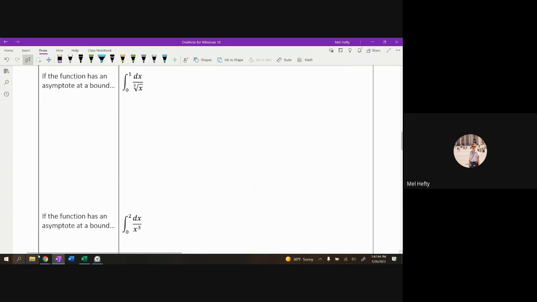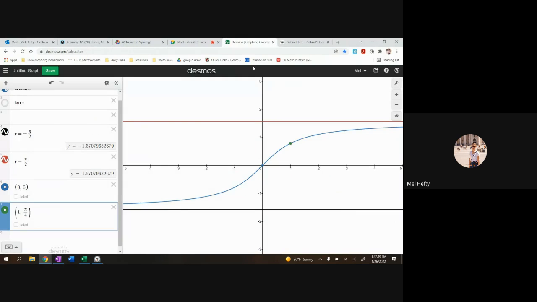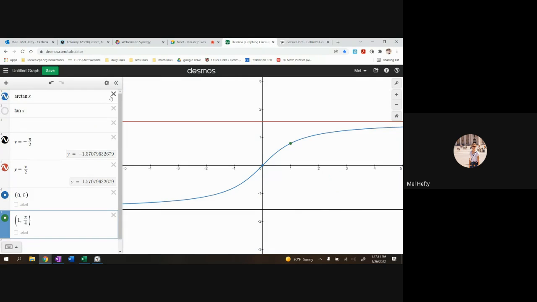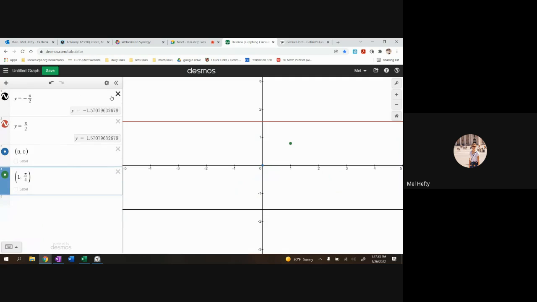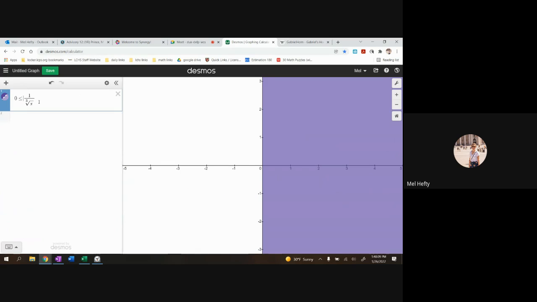So let's look at the graph of this to investigate why it's a little bit different at first. What are we looking at? We're looking at 1 over the cube root of x. Desmos is really just winning the game here.